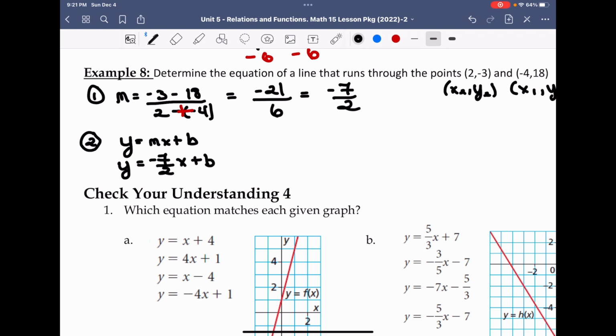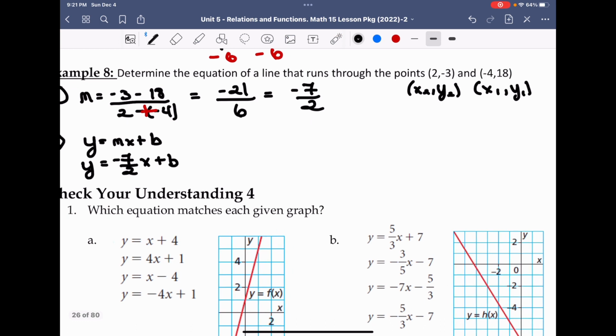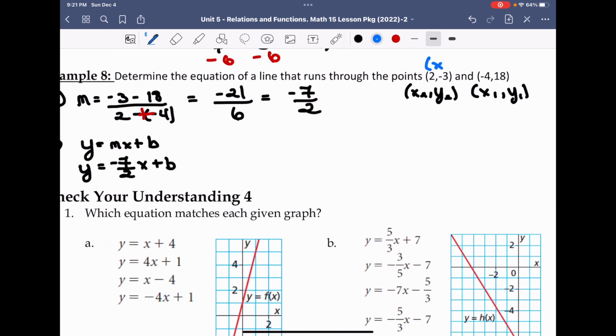How do we get the b value here? We can take either one of our points and use them. So I'm going to take, let's say, our first one here and label that as my x, y point to use. If I use it in this equation, well, I sub in the y value, which was negative 3, is equal to negative 7 over 2. The x value was equal to 2, plus b.